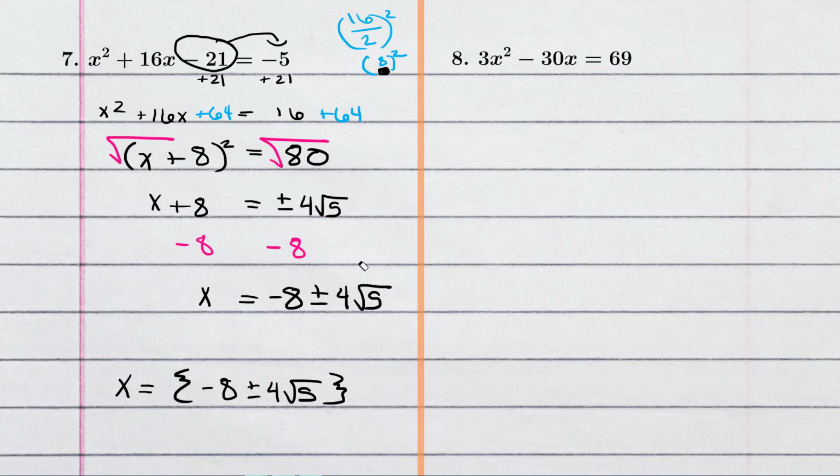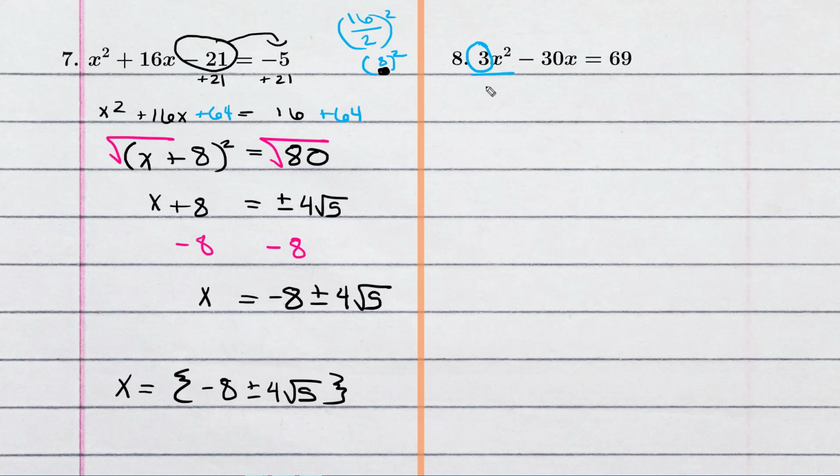So number 8 is a little bit different. They've already got everything moved around, and we have only the variables on the left-hand side, and our number on the right-hand side. So the next thing we look at, this one actually has a number in front of my squared term.